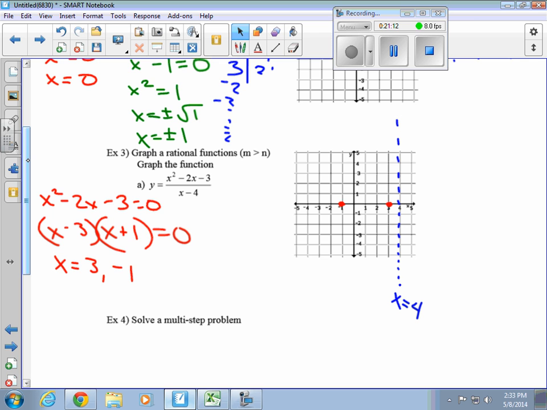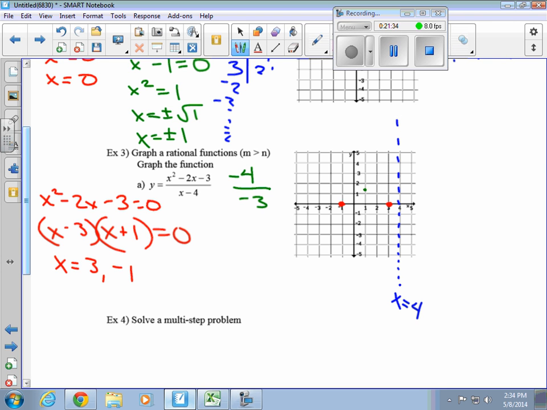Well, we have, so you want to put in 1? All right, let's put in 1. This is going to be 1 minus 2, which is negative 1, minus 3, which is negative 4. Okay, and what's 1 minus 4? So what's negative 4 over negative 3? 1 and a third.